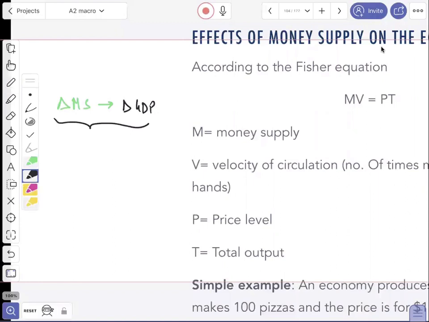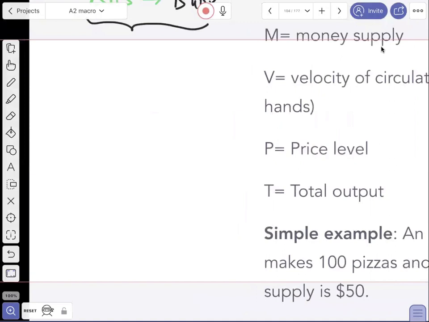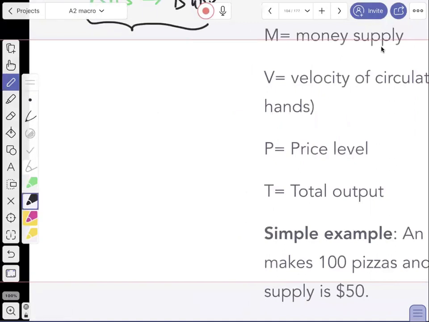There's another discussion which is called the MV equals PT discussion. Remember, what is this equation MV equals PT? We call this the quantity theory of money. This is something which we did in AS, the quantity theory of money.